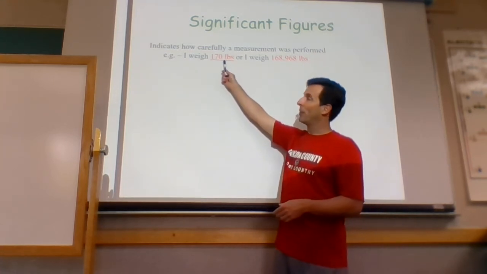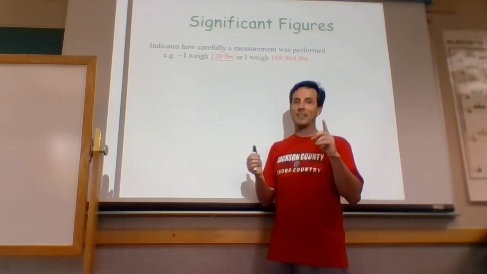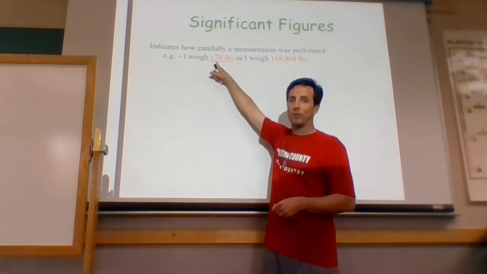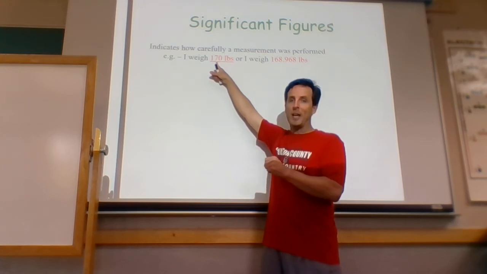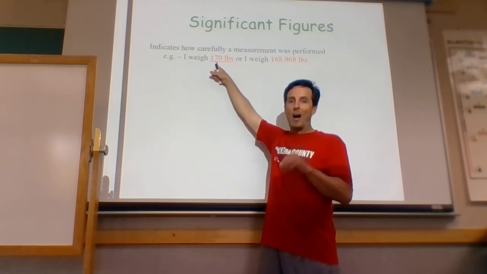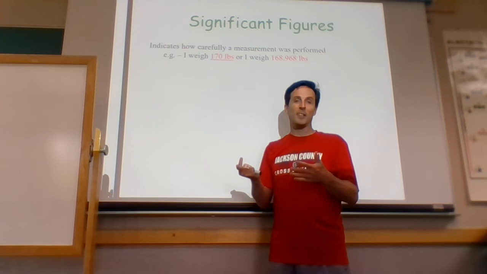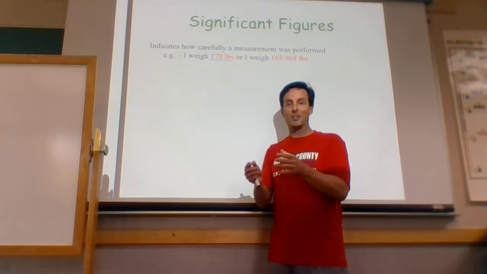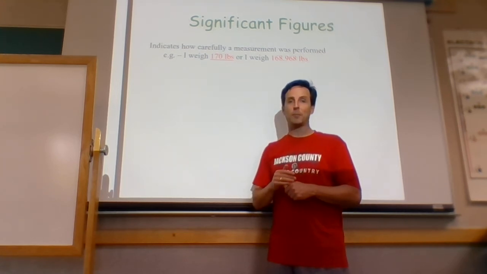If there's no decimal there, that 0 is a rounded off 0, which means that my significant figures, or my accurate digits, are the 1 and the 7. The 7 is in the tens position. So basically what I'm saying is, if I round my weight to the nearest 10, it would be 170. So that means I really weigh somewhere between 165 and 175. Okay? That's the range that's implied when I say I weigh 170 pounds.